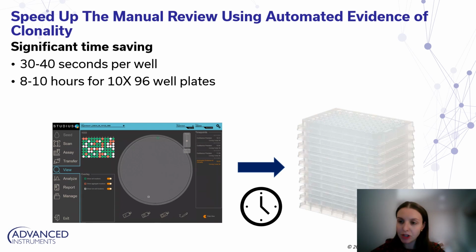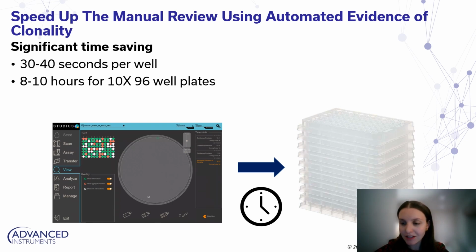So as many of you will know, the process for reviewing wells for evidence of clonality is a time-consuming and labour-intensive process, making it one of the major bottlenecks in CLD. Therefore, we thought it would be beneficial to see how long this process would typically take when you have the support from automated evidence of clonality. So as part of this assessment, we had multiple scientists review a 96-well plate containing single-seeded CHO cells.